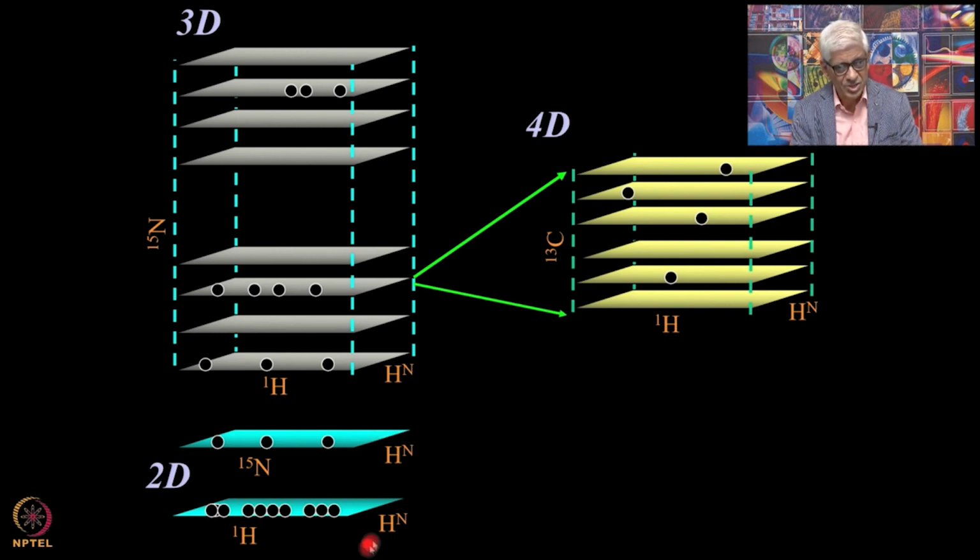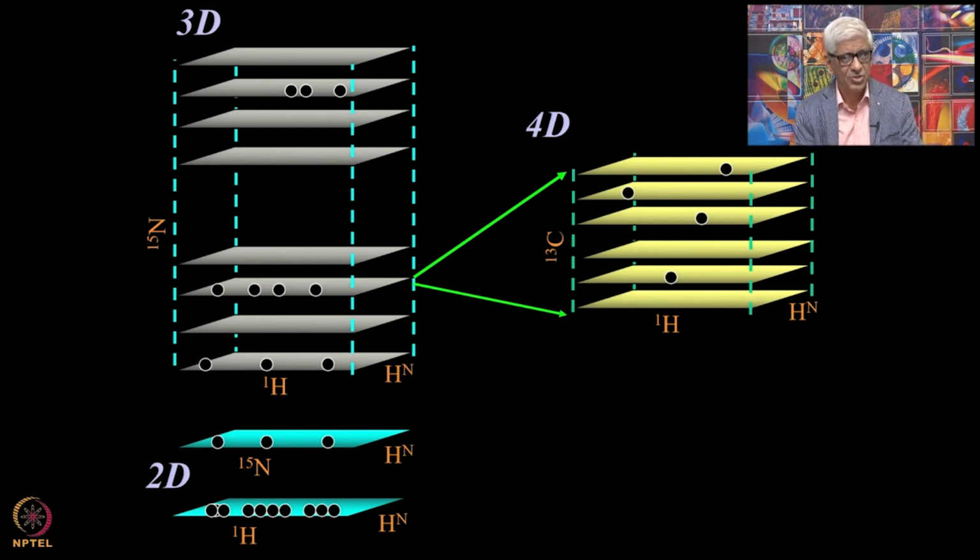But now we will restrict that to N15, the amide chemical shifts only, but we will take the third axis to pull these peaks onto the different dimension, the N15 dimension here. So all these peaks will now get distributed into the different planes in the 3-dimensional spectrum.